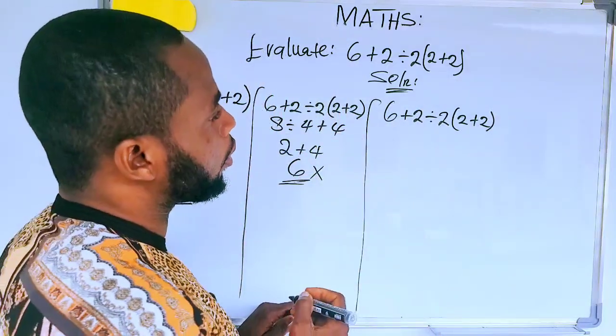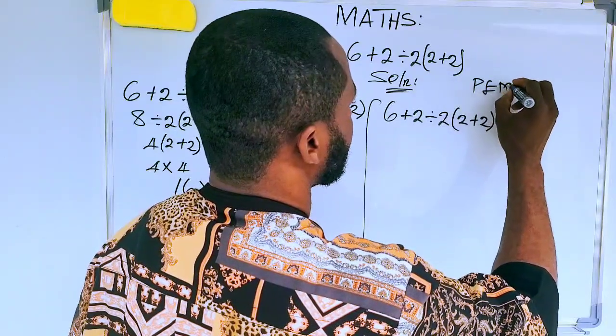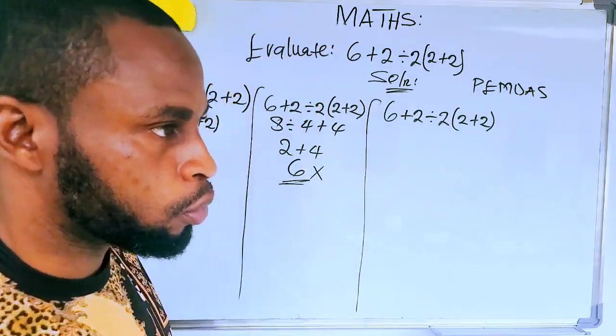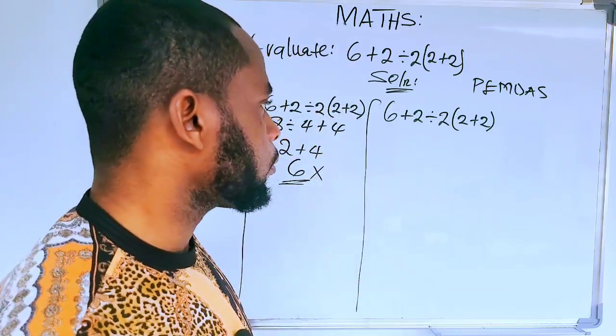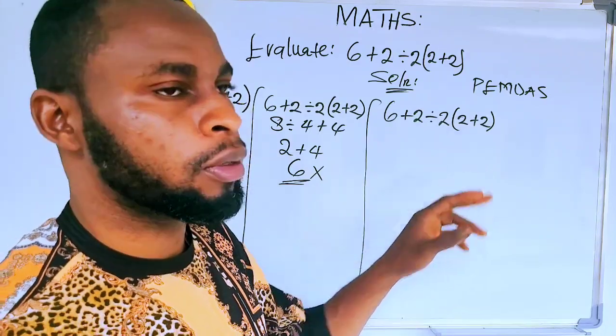Here, I'm going to apply PEMDAS. We have this PEMDAS, or you can also use BODMAS. It's the same. Now, first, we are going to treat the brackets or the parentheses first.